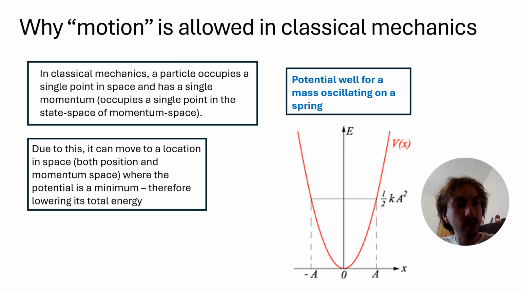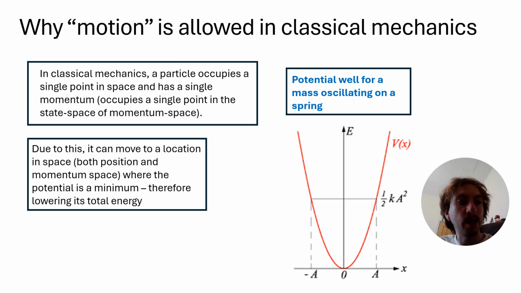So when the mass is at point 0, the spring is at its natural length, so the mass isn't experiencing any forces, and so the potential energy in the spring is 0. But as the mass moves further away from that happy place, if you like, the spring gets more stretched or compressed depending on the direction and motion of the mass, and so there builds up more and more potential energy in the spring, and that's why we get this quadratic shape. Well, at least symmetrically rising shape, if you like.